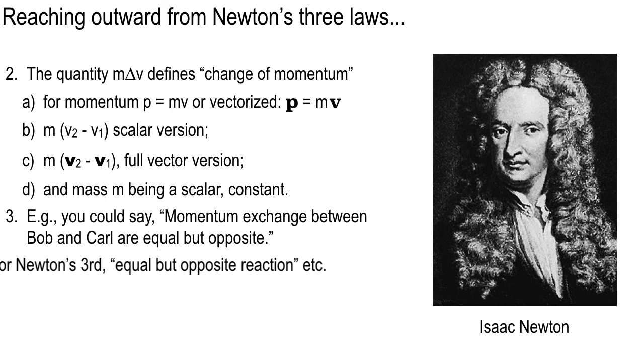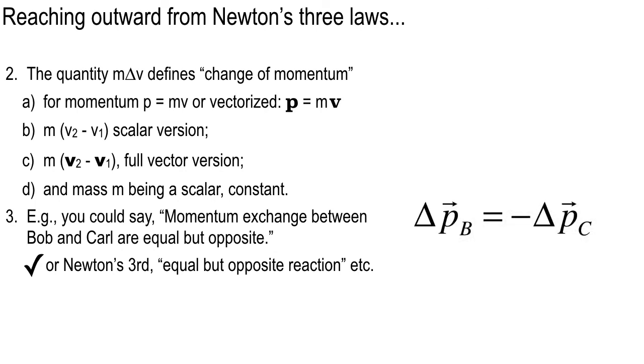Or as Sir Isaac Newton said in the third law, equal but opposite reaction. That's this equation: vector delta P for Bob is equal to the opposite of vector delta P for Carl.